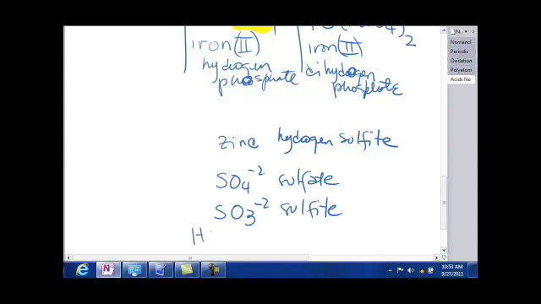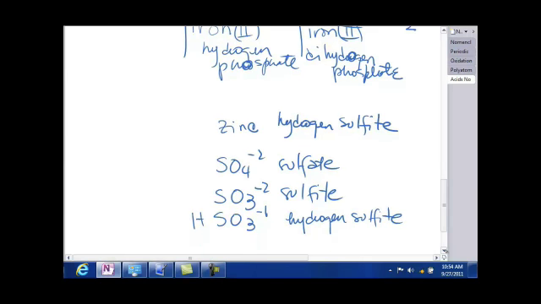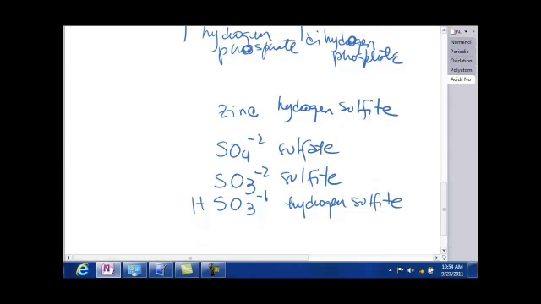So HSO3 is going to be minus 1 charge, and he's hydrogen sulfite. So I am categorizing, and I am combining that with zinc. What's the oxidation number of zinc? +2.